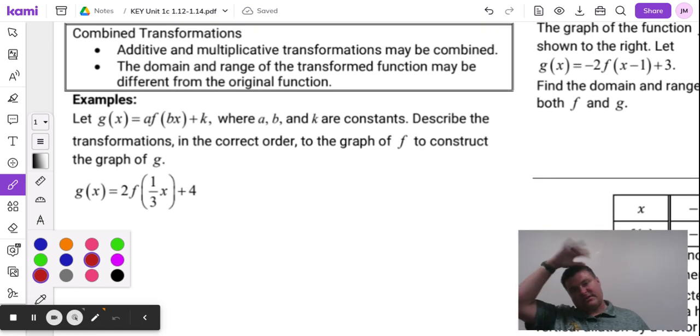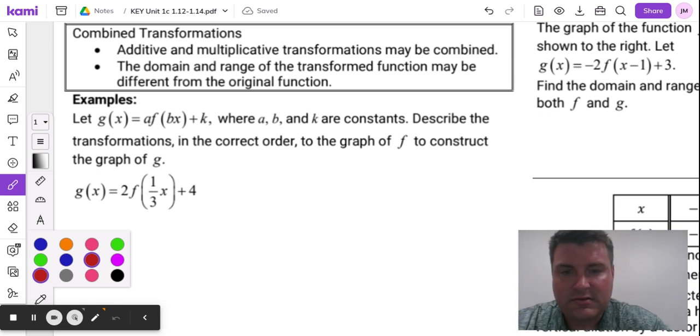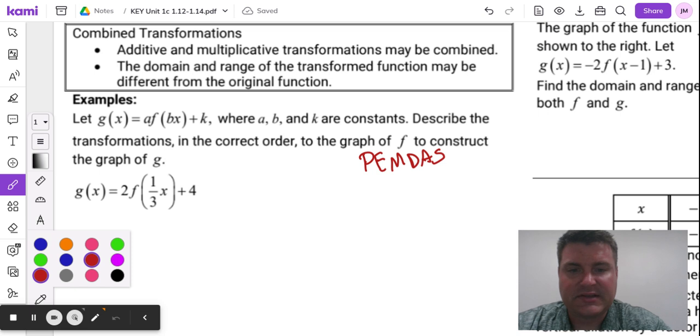So let's go ahead and combine some of these transformations. We're going to describe these transformations in the correct order. Order does matter. We go in PEMDAS order. PEMDAS order, for our purposes here, is we care about the multiplying, dividing parts within f, and then we do the adding, subtracting. But furthermore, the parentheses is what comes first.